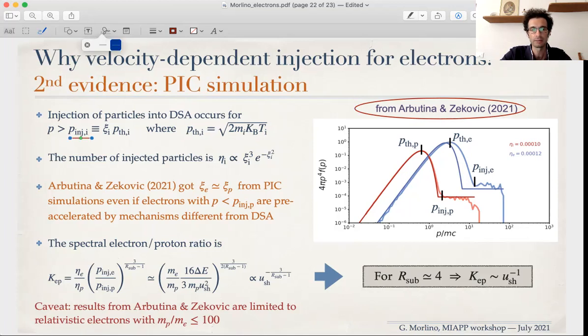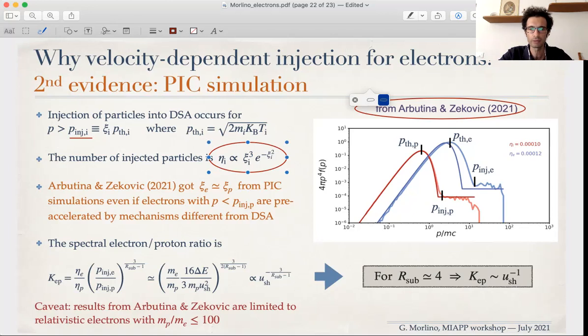This is the momentum where the thermal spectrum ends and the non-thermal tail begins. Usually this is assumed to be xi times the thermal momentum of the thermal distribution. The total amount of particles contained inside the non-thermal tail is expressed by this number, eta E, which is a function only of this parameter xi.